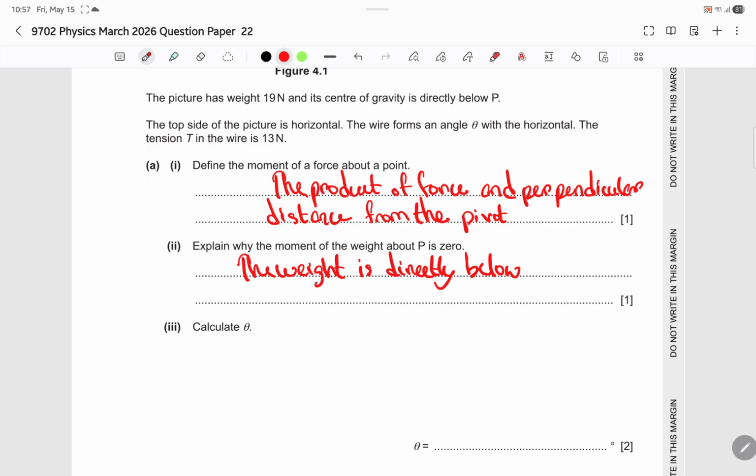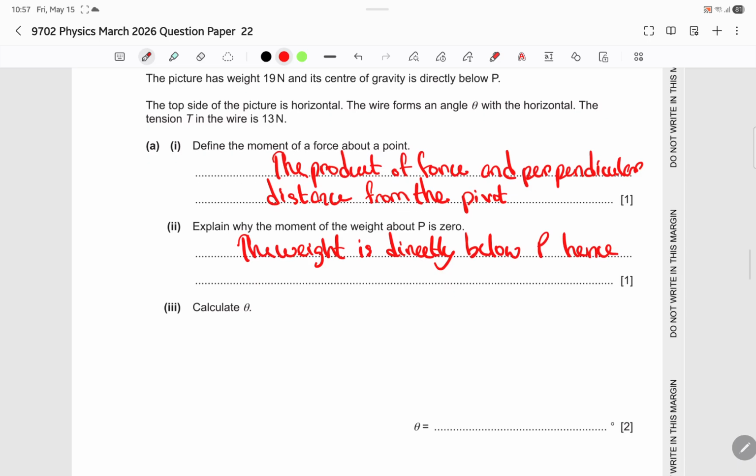No, it's below P. Hence no force can produce a moment on the pivot.